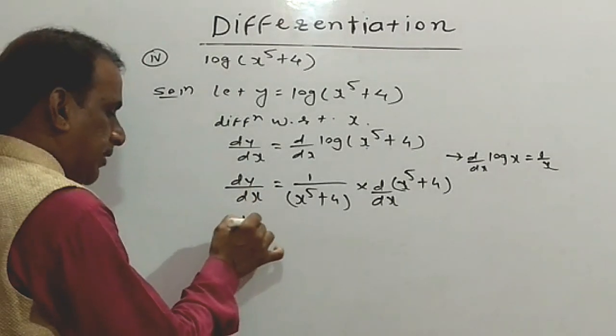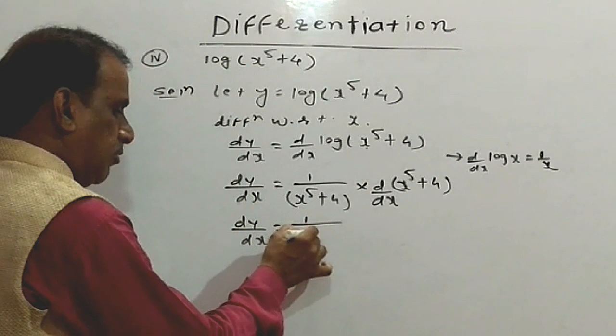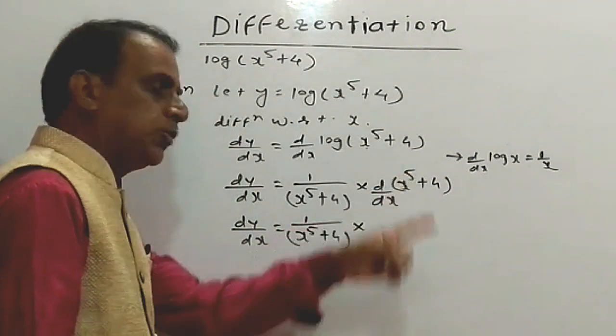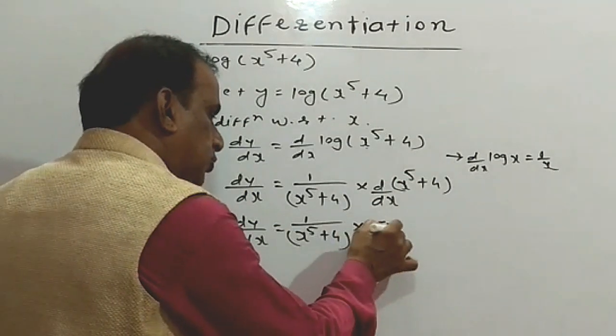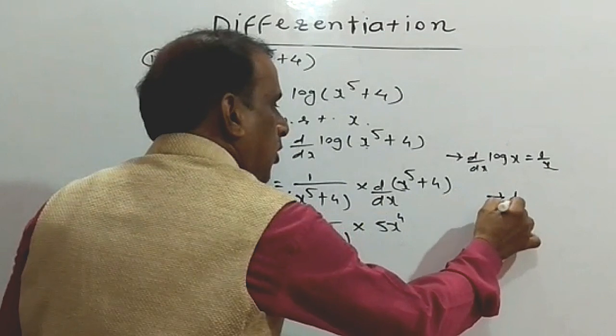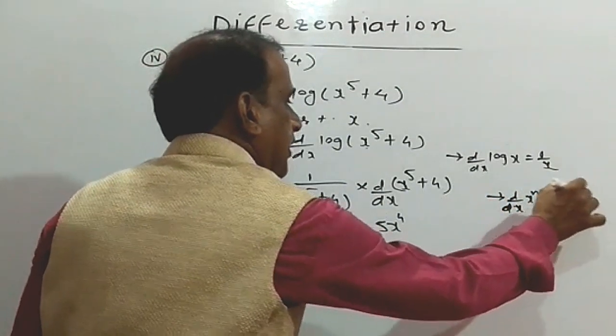So dy/dx is equal to 1 divided by x to the power 5 plus 4, into the derivative of x to the power 5 plus 4. Apply this formula: the derivative of x to the power n is n into x to the power n minus 1.